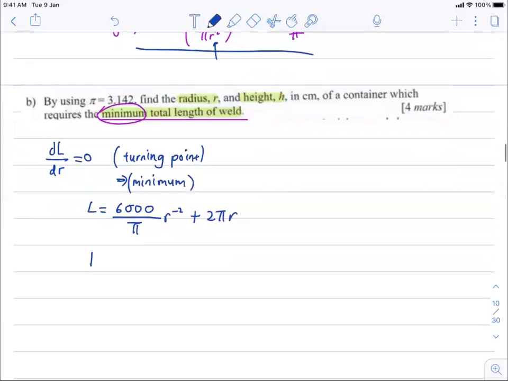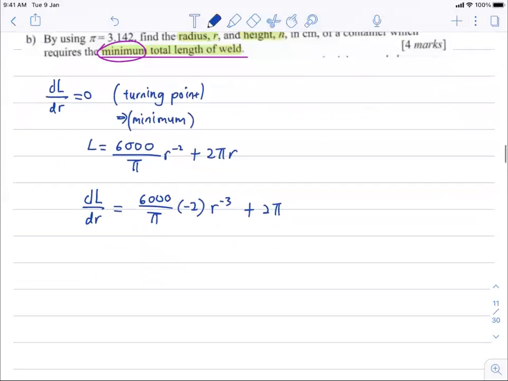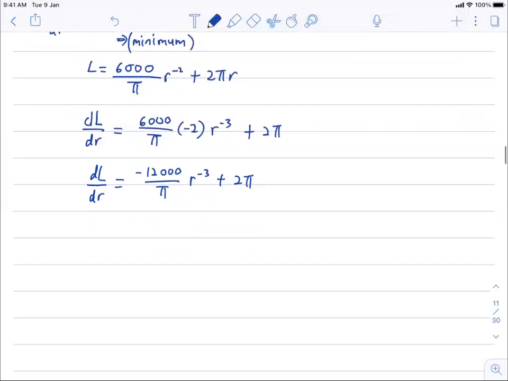So we can differentiate this: dL/dr equal to 6,000 over pi, multiplied by -2 r to the power of -3, plus 2 pi. Multiplying in the -2, we get -12,000 over pi r to the power of -3 plus 2 pi. So this is the dL/dr.